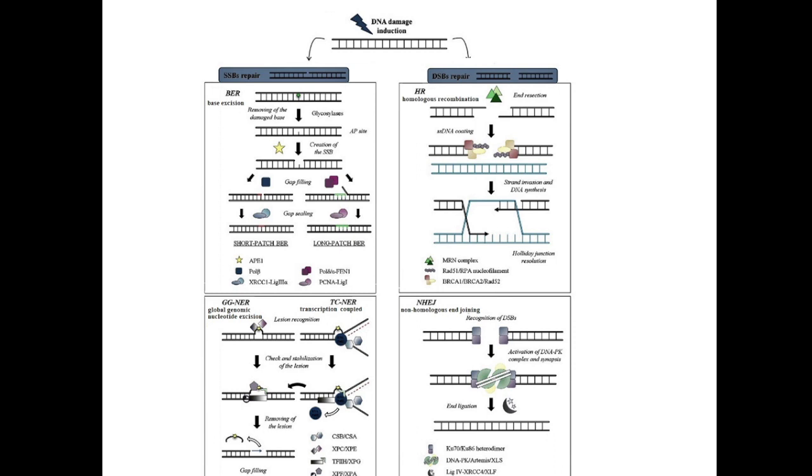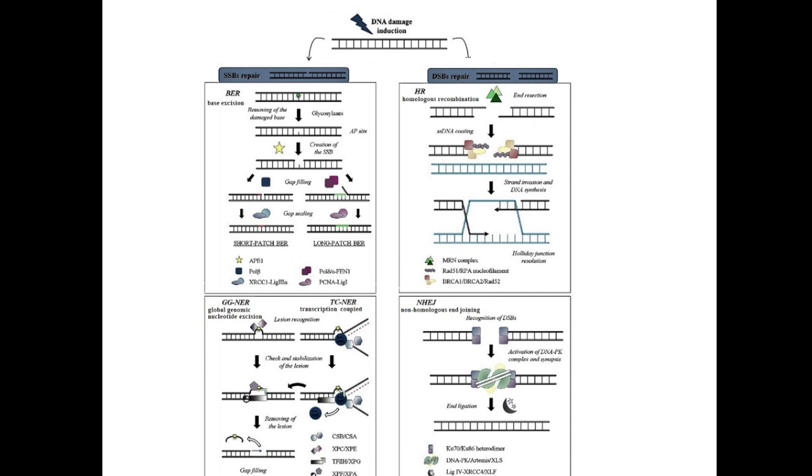And if a break of both strands takes place, it's very dangerous, because reparation is possible either by homologous recombination, when the cell has a second set of homologous chromosomes.